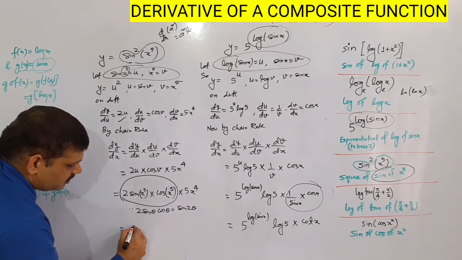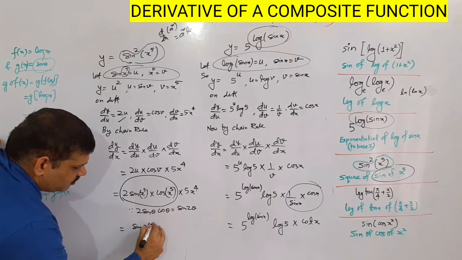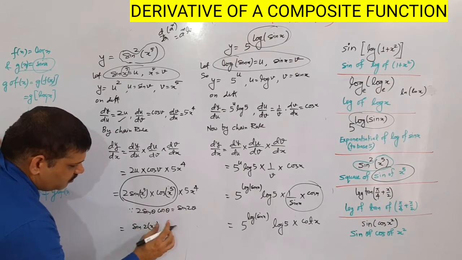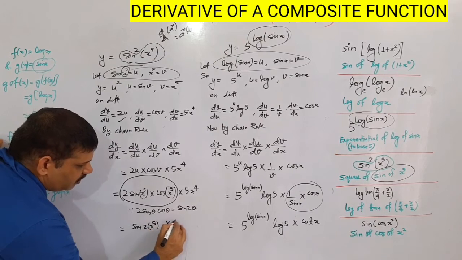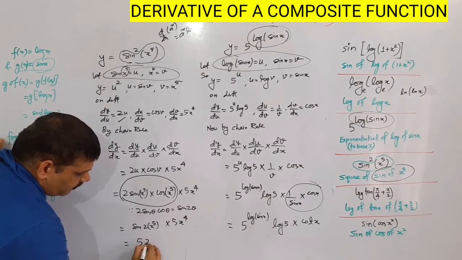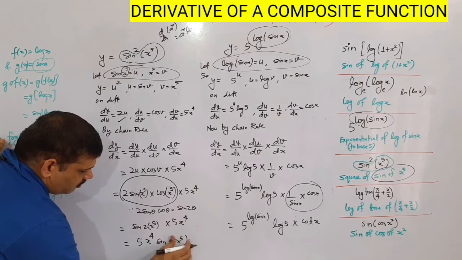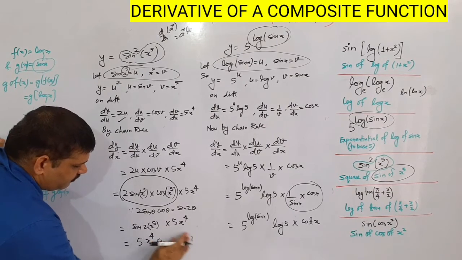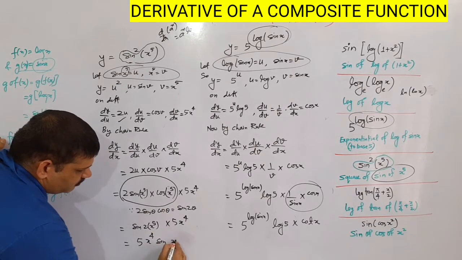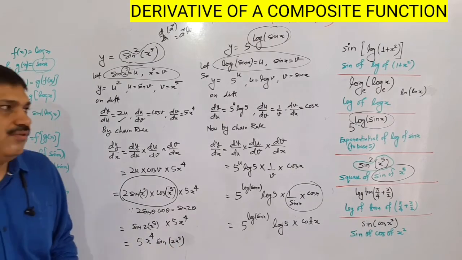So this gives us 5x raised to 4 multiplied by sine of 2 times x raised to 5. This is how we do it.